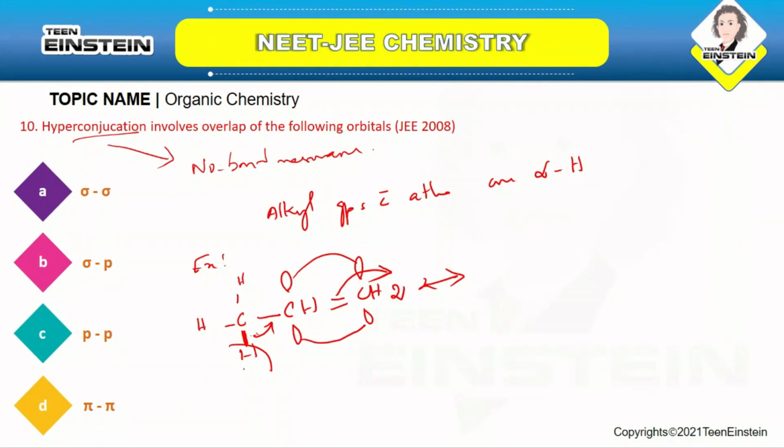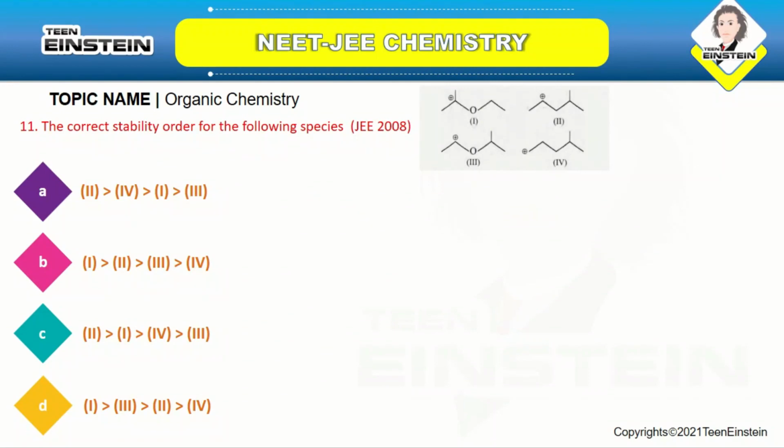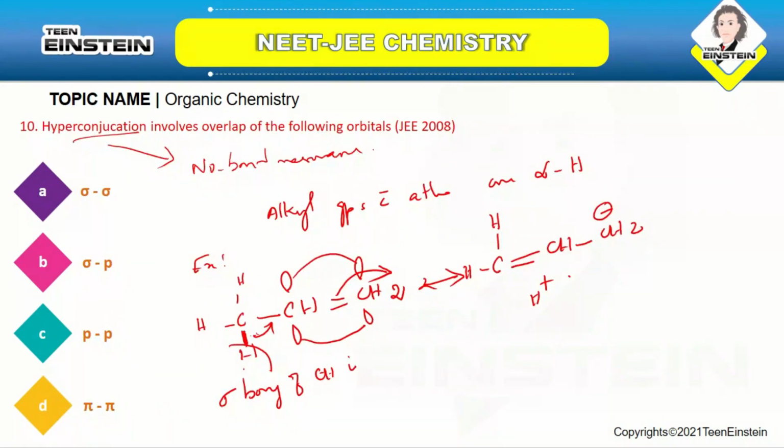This is called hyperconjugation, that is CH2 double bond CH CH2 minus, here H plus. So hyperconjugation involves the sigma bond of CH delocalized with the p orbitals of the pi bond.